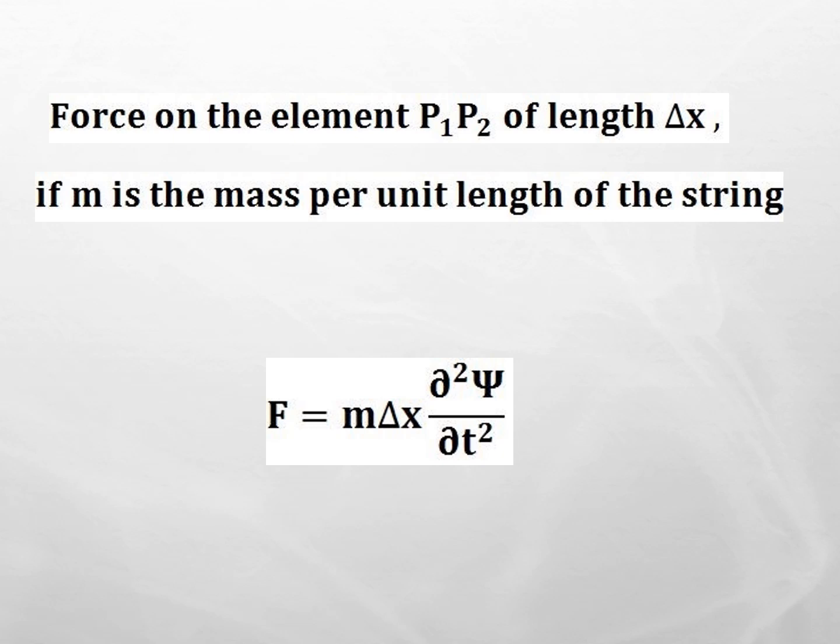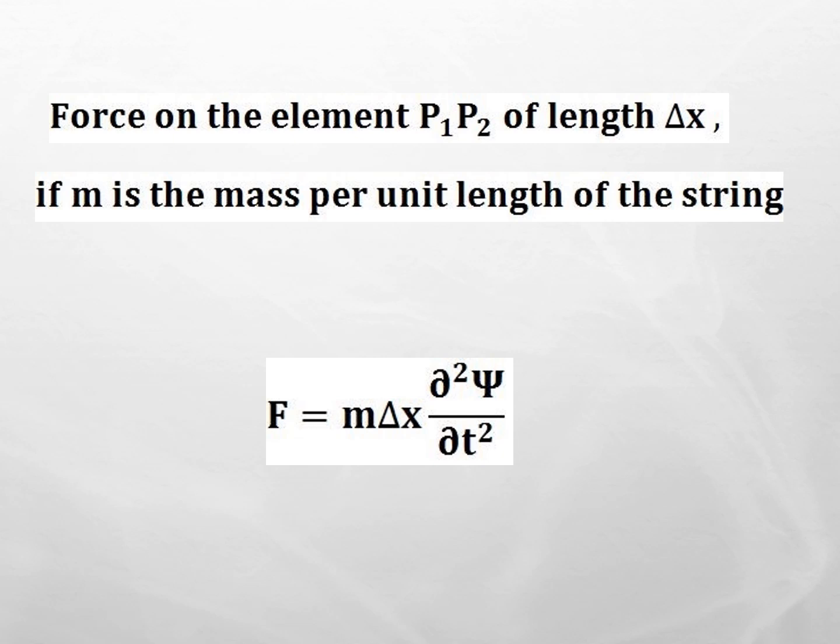Now, the acceleration is usually given by d squared x by dt square or d square y by dt square. In our case, y is the wave function psi. So we have to write d square psi by dt square. Again, since psi depends on x and t, you have to use the partial differential operators.